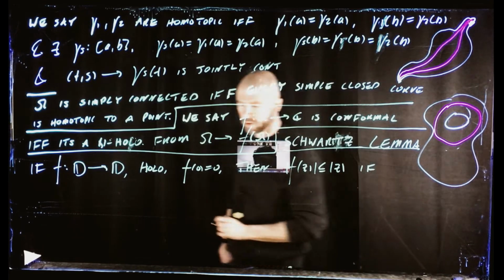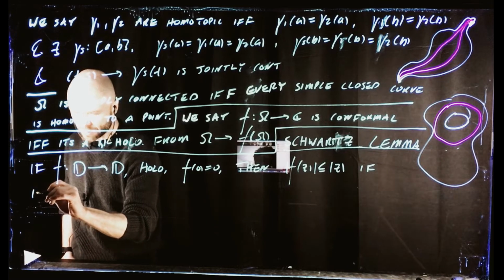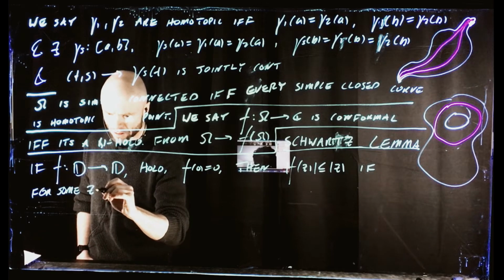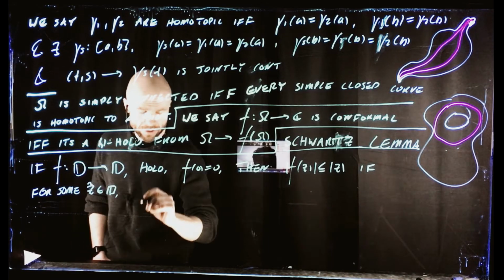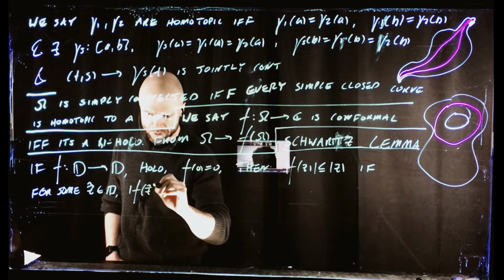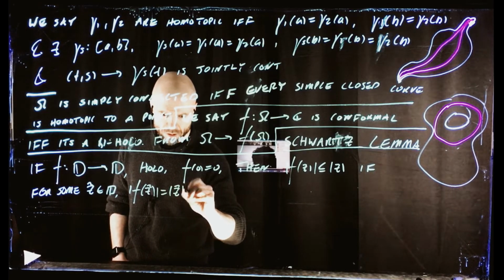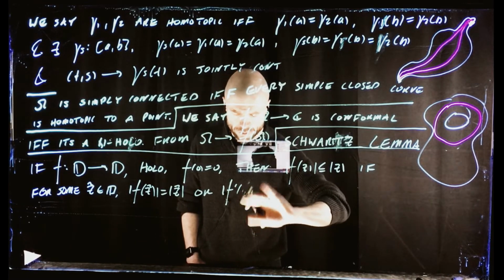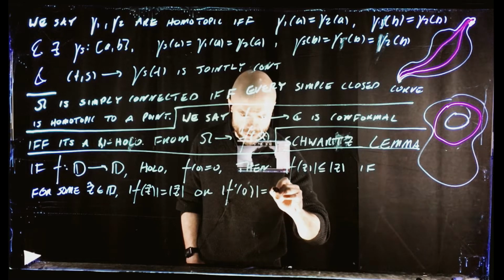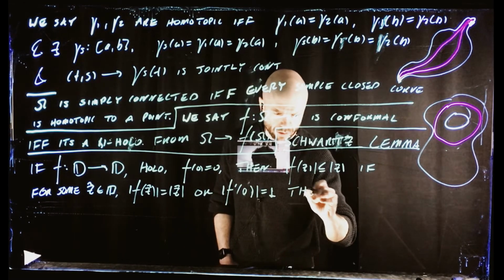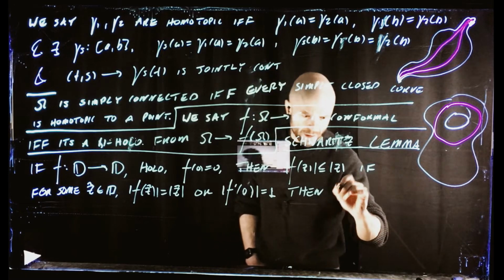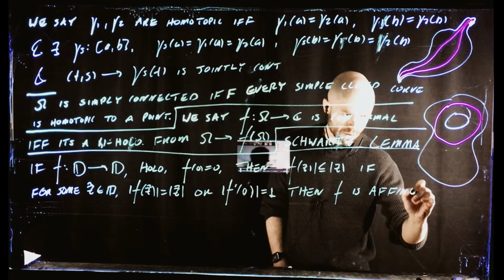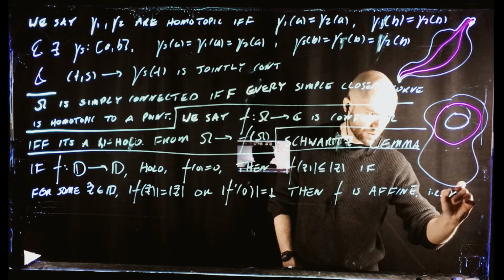And if we have that for some z tilde belonging to D we have an equality, f of z tilde equal to this, or if we have that f prime of 0 is equal to 1, then f is affine, so it's just a rotation.